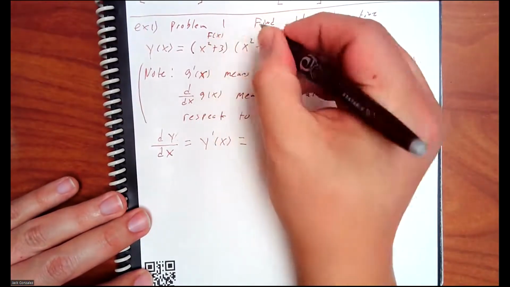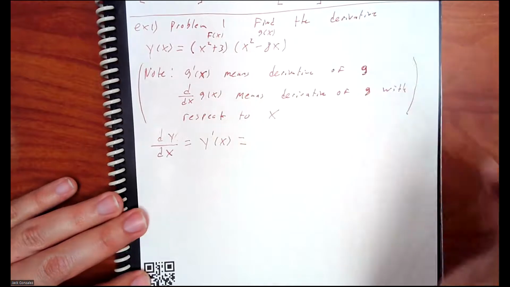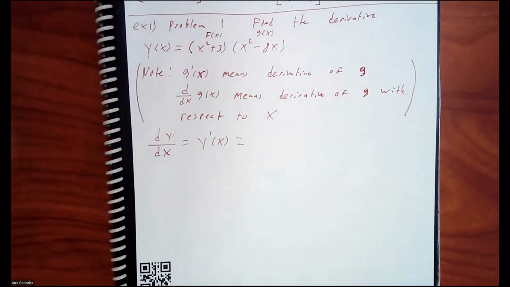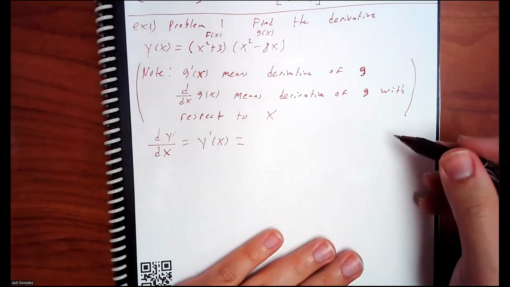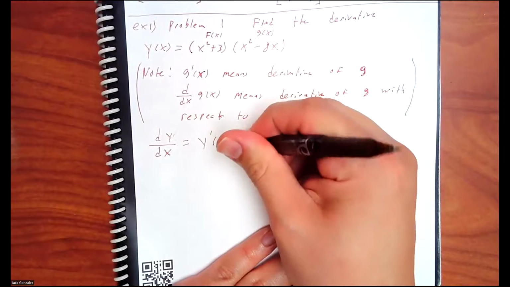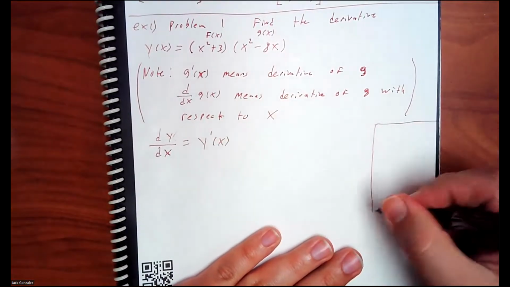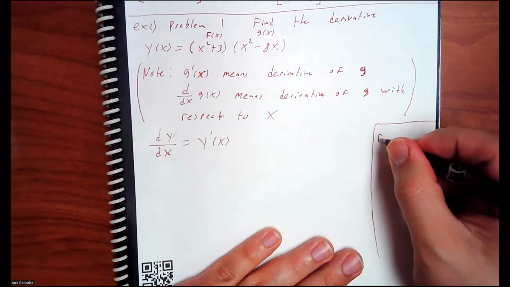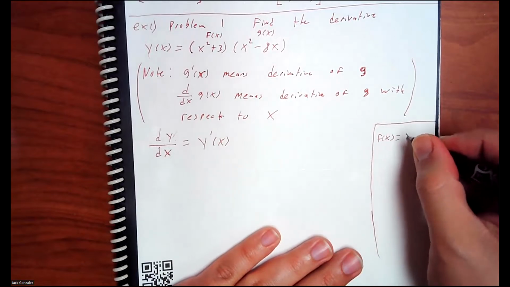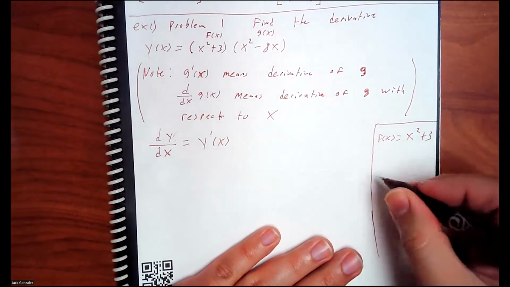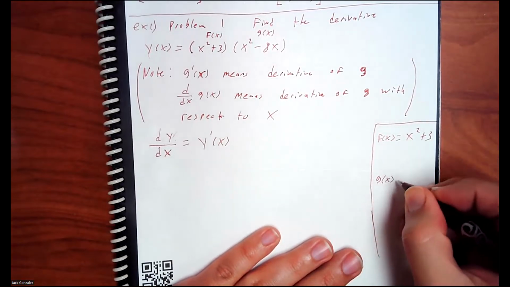If I label this f and I label this g, we can just straight up find the stuff I need separately and just plug it in. So over here on the side, I'm going to do this down here just to make space. I labeled that to be f. I labeled this guy to be g.